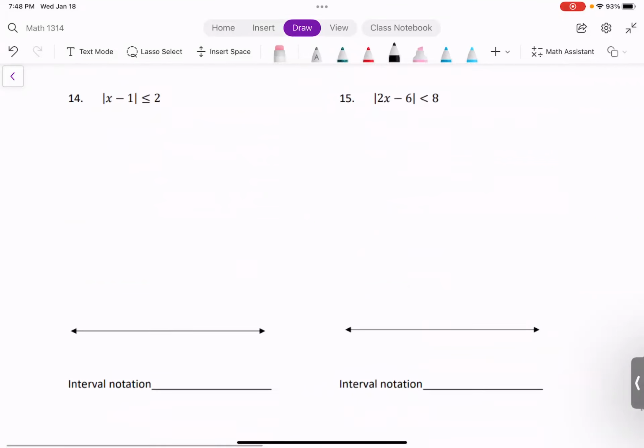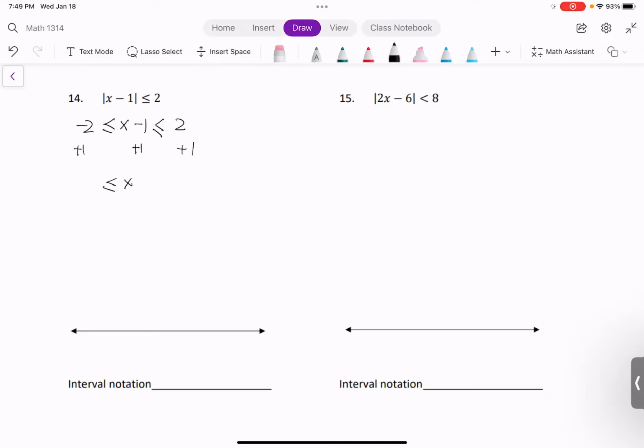Next example, absolute value of x minus 1 less than or equal to 2. So everything in the absolute value is between -2 and +2. And to solve for x, we need to add 1, because at the end I must have x isolated, just a single x. So we add 1 here, add 1 here, add 1 here, everybody add 1.